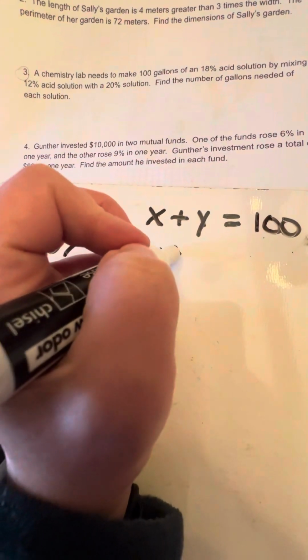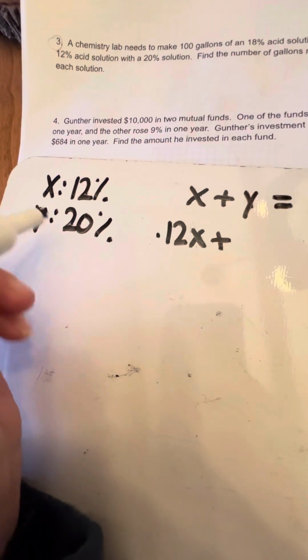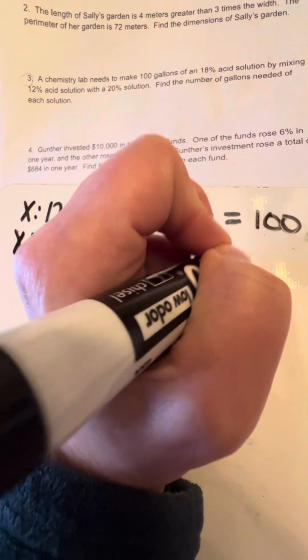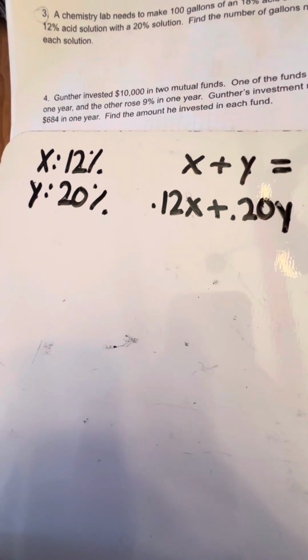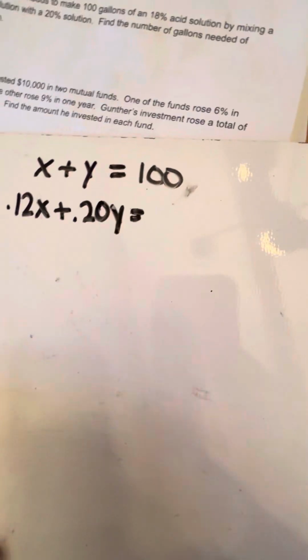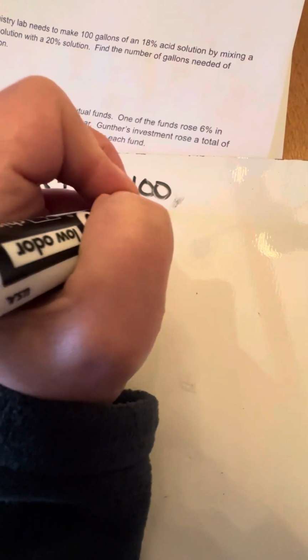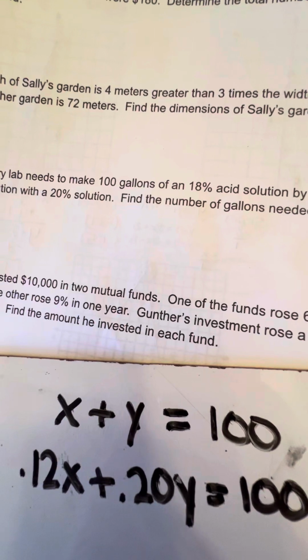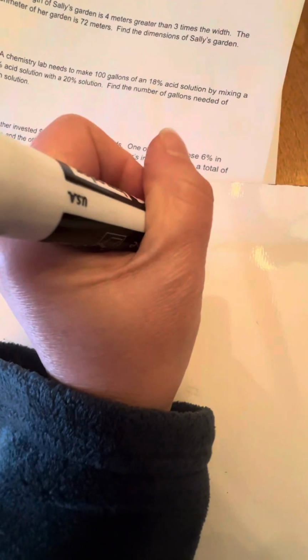And then we're going to add the 20%. So that's going to be 0.20 of that solution in particular. And we're trying to get this whole 100 gallons to be a solution that resembles what we are looking for, which is an 18% solution. So I'm going to multiply that as well by 0.18.